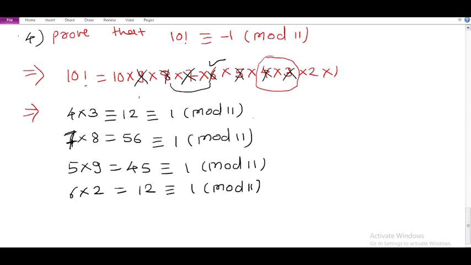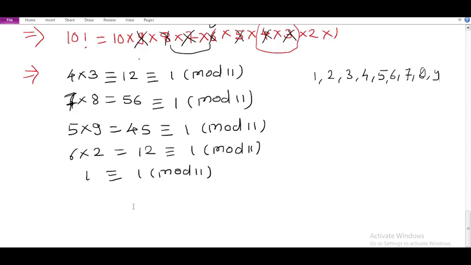So if you check, there is 1, 2, 3, 4, 5, 6, 7, 8 and 9. What this implies is 1 into 2 into 3 into 4 into 5 into 6 into 7 into 8 into 9 is congruent to 1 mod 11.